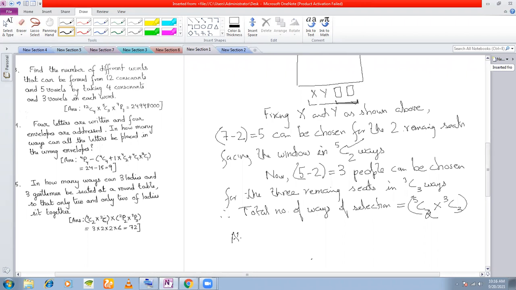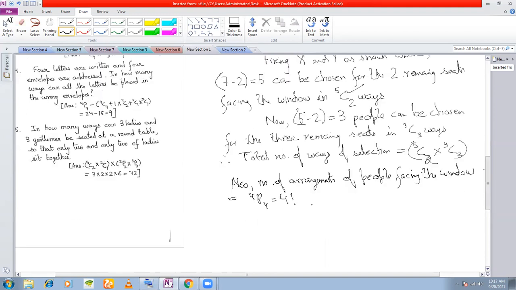Also, number of arrangements of people facing the window is equal to factorial 4 or 4P4, right?